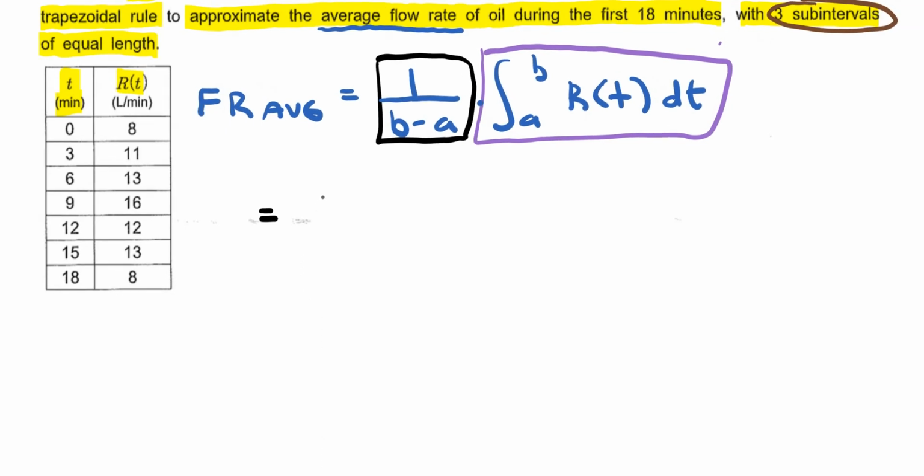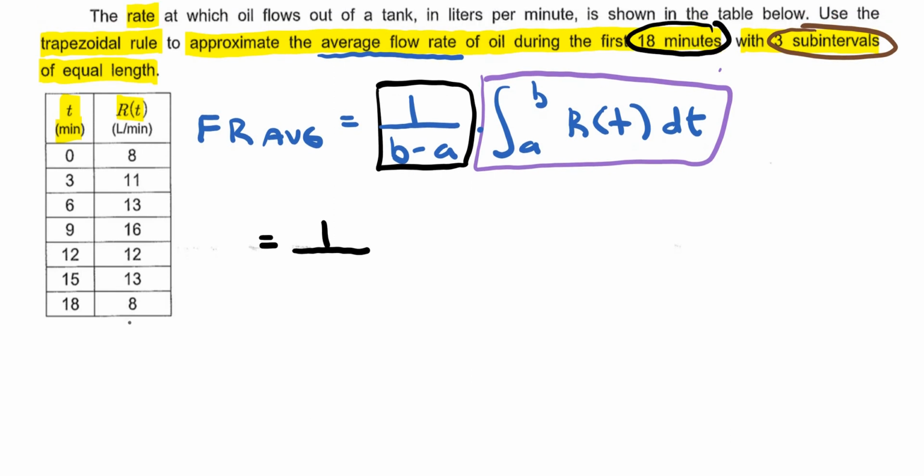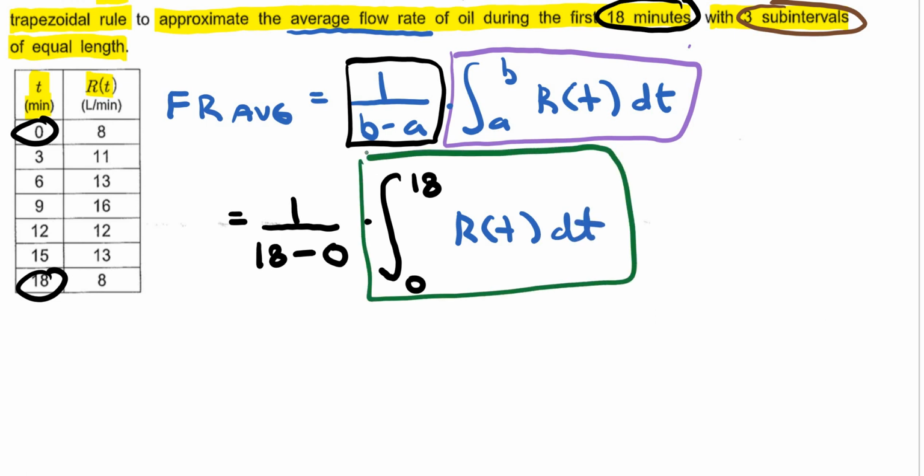I want the first 18 minutes, so your b value is 18, and your initial value is 0, so 1 over 18 minus 0, times the integral from 0 to 18. Now I need to start writing out the areas of the trapezoids. This R(t) dt represents the area underneath the curve using the trapezoid rule.